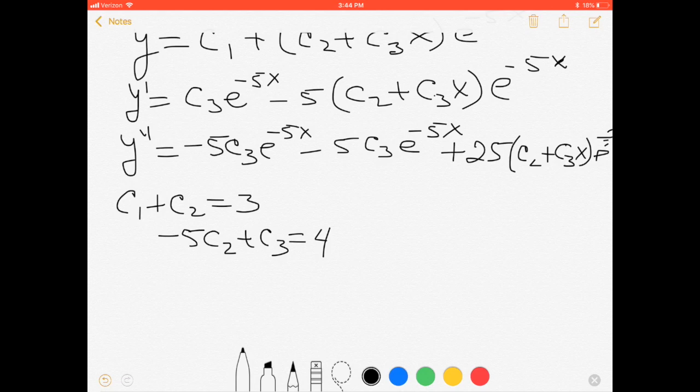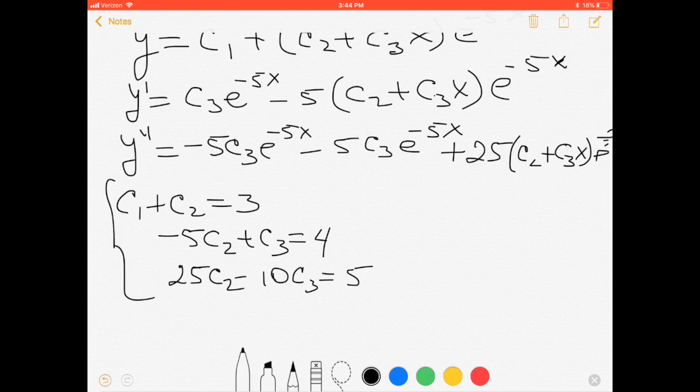And plugging into the second derivative, you have 25 C2 minus 10 C3 equals 5.